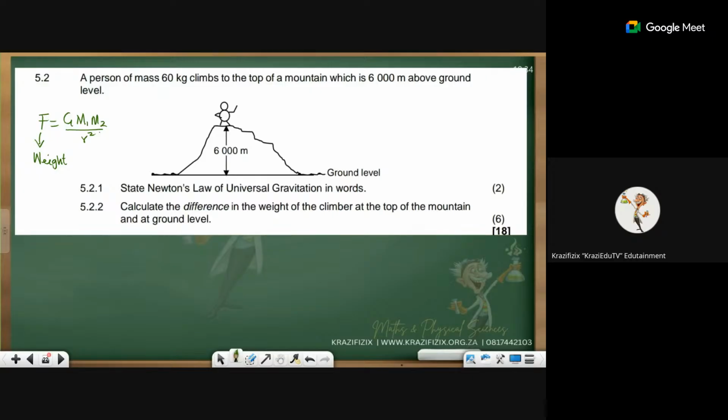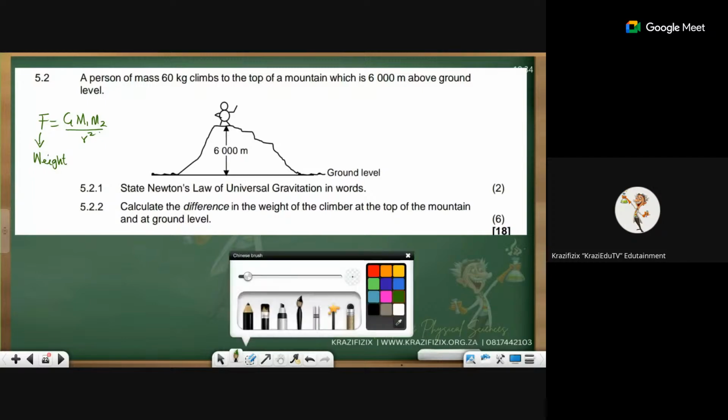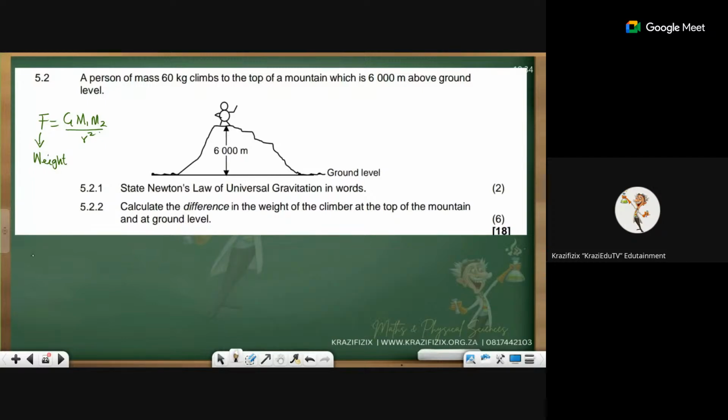There's a proof where we combine this and you get one single formula for g. Check, that is mg is equal to G capital M small m over what?